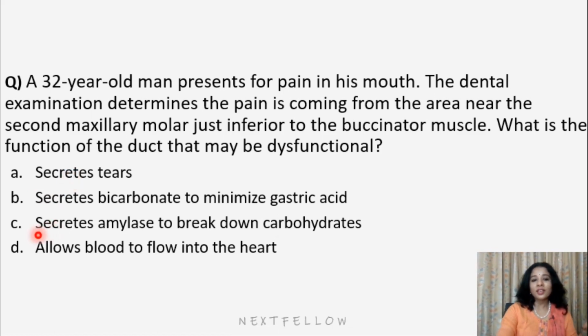So the salivary gland secretes amylase, which breaks down carbohydrates in the mouth. So the answer is secretes amylase, because saliva contains an enzyme called ptyalin, and ptyalin is an amylase enzyme which breaks down carbohydrates to some extent in the mouth. So the answer is C.